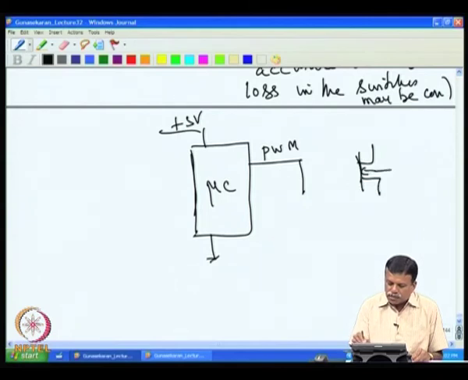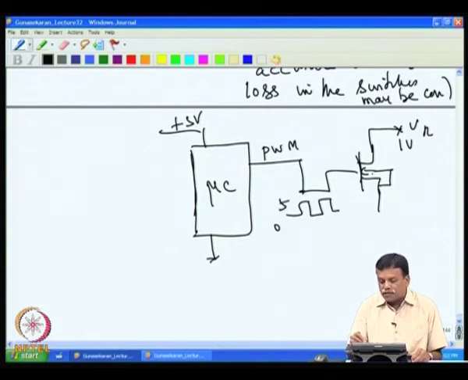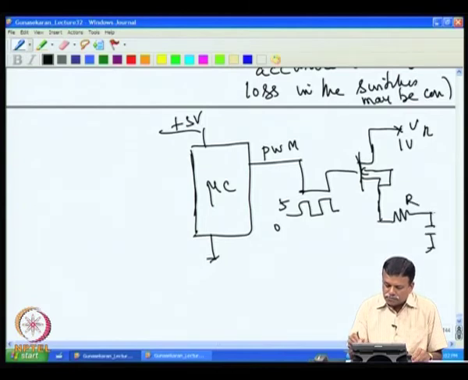For example, we can have FET switches connected to a V reference, which may be say 1 volt, and this can have 5 volt logic. The small signal FETs switch on with even 3 volt difference. So, when it is on, you will have 1 volt, and then this can be filtered with RC.